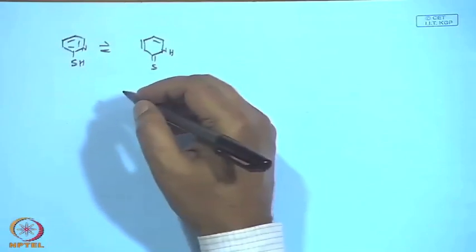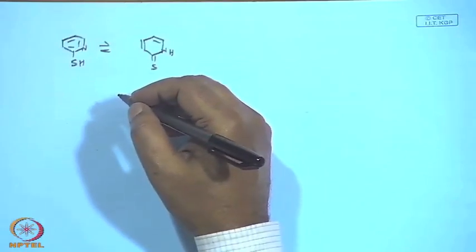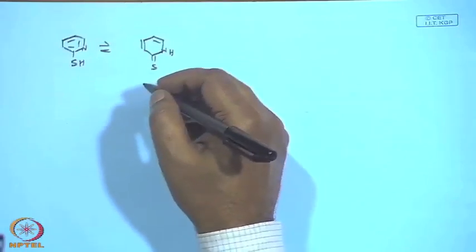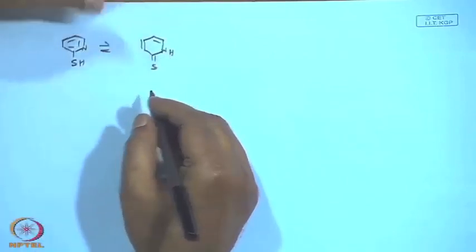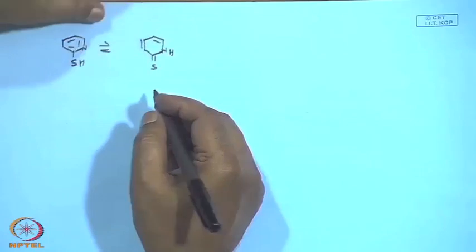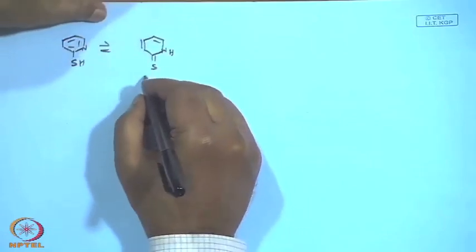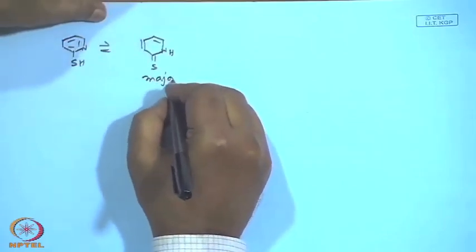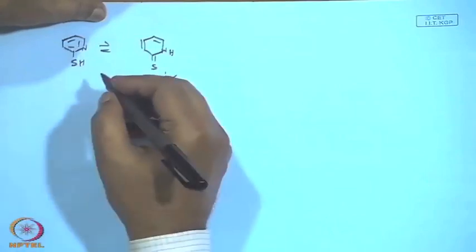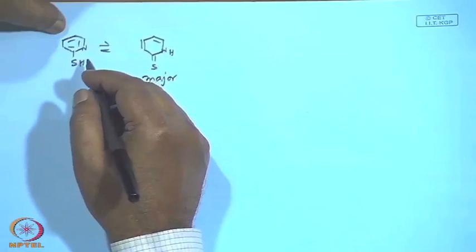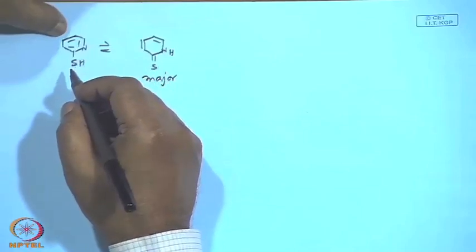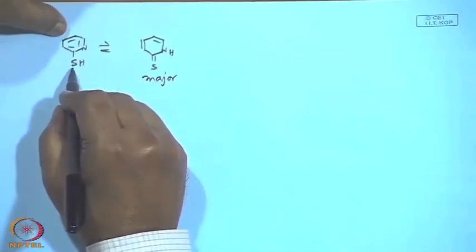In the case of oxygen the pyridone was the major, 9:1, right, but in this case, again guess, this thione is the major one, but this is in equilibrium. Most of the reactions where 2 mercaptopyridine reacts, they undergo reactions through sulfur, right.